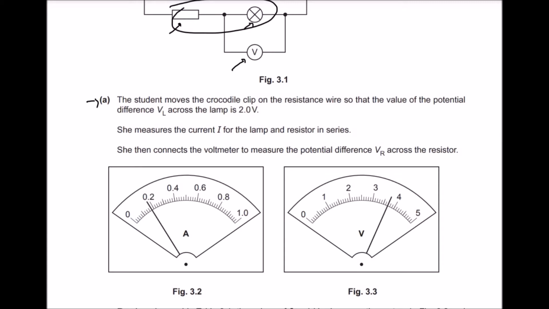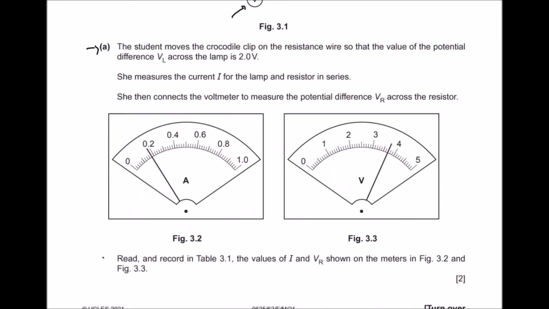You can see figures 3.2 and 3.3. Read and record in table 3.1 the value of I and the voltage across the resistor shown on the meters in figures 3.2 and 3.3. You need to measure current from 3.2 and voltage from 3.3 for the resistor, and finally write them in the table.